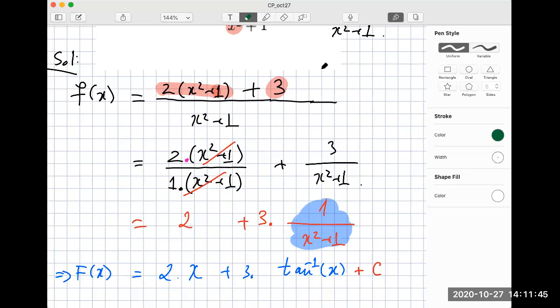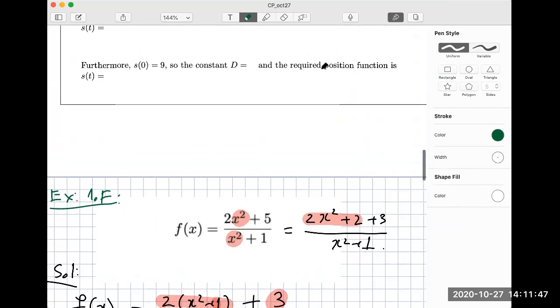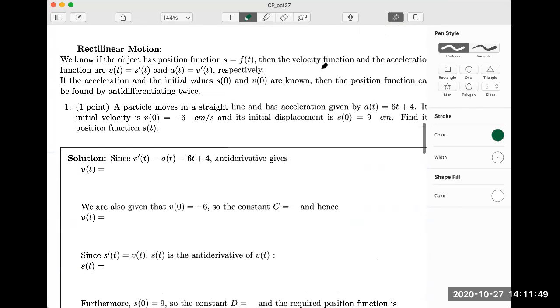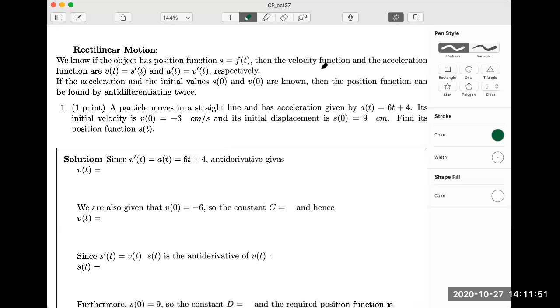Then another type of problem in this section is rectilinear motion. If we are given the position equation of a particle, then the first derivative of this gives us the velocity field, right?